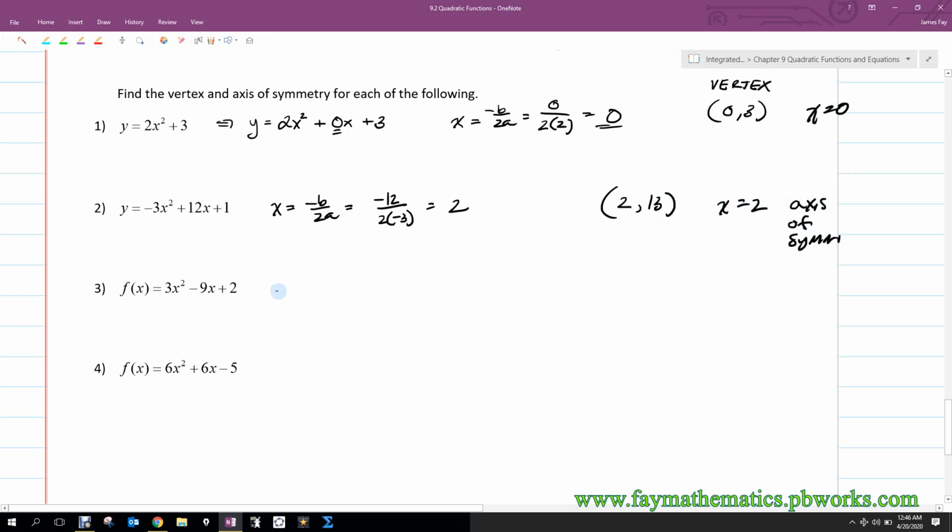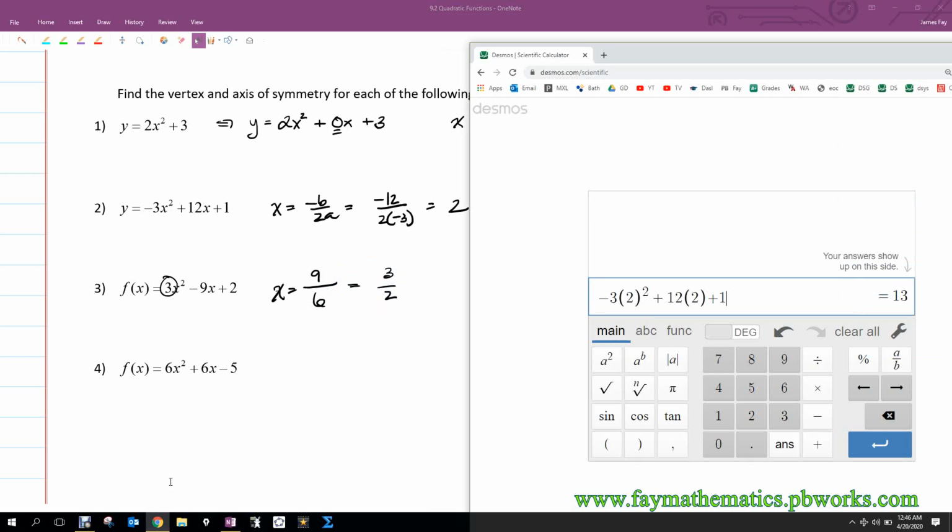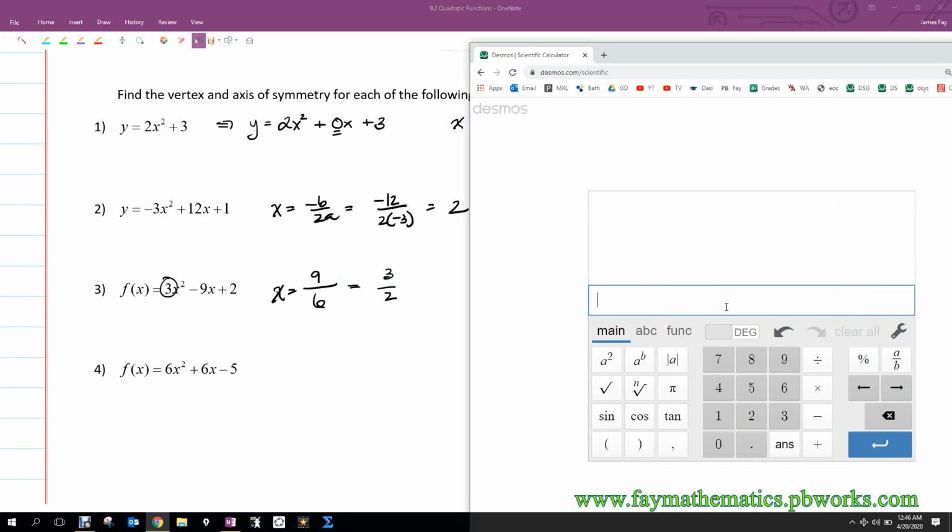Number 3, the opposite of b would be 9 over 2a. So 2a would be 6. That's going to reduce, they both have a 3 in them, so 3 halves. This is where I think it might make sense to use our substitution here. Even if you want to write it as 3x squared minus 9x plus 2, and then tell it that you want x to be 3 halves, it'll substitute that way.